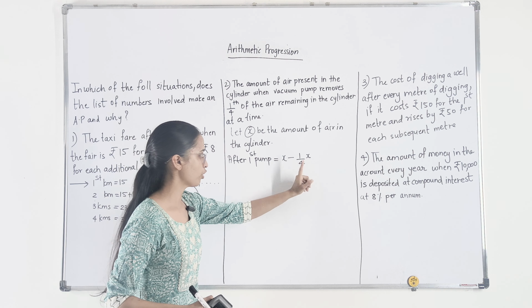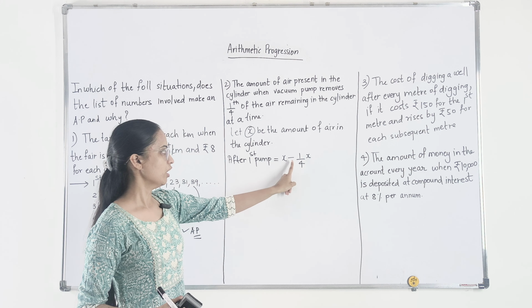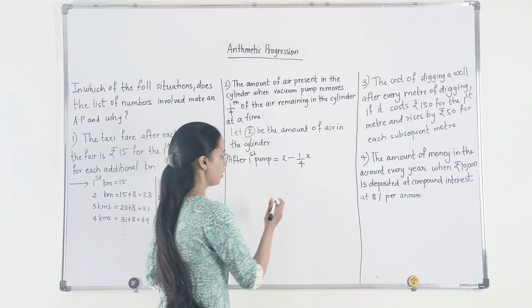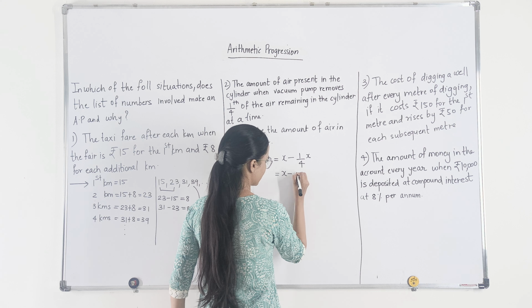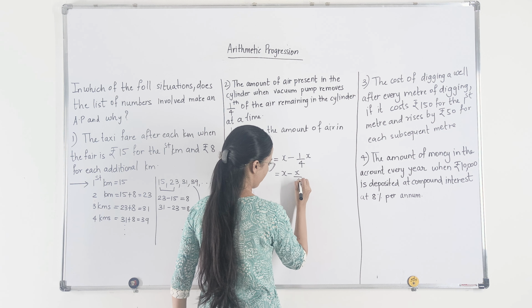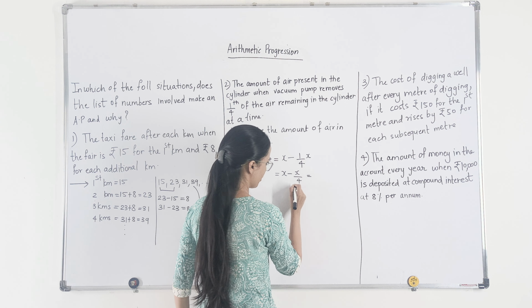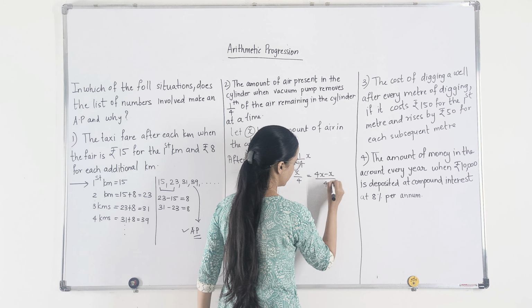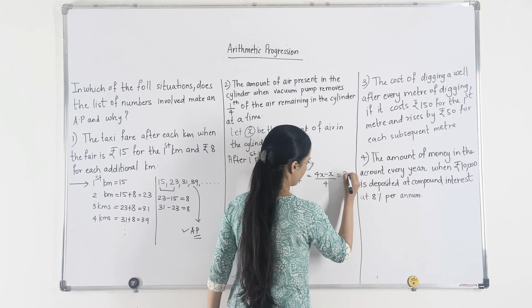So 1/4 of the total would be subtracted from the air that is present in the cylinder. So we will get x minus x by 4. Let us take LCM. So 4x minus x upon 4, which is equal to 3x upon 4. So after the first pump, 3x upon 4 is the air that is left inside the cylinder.